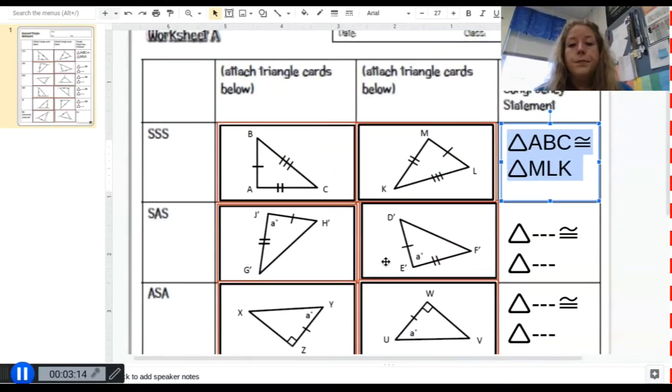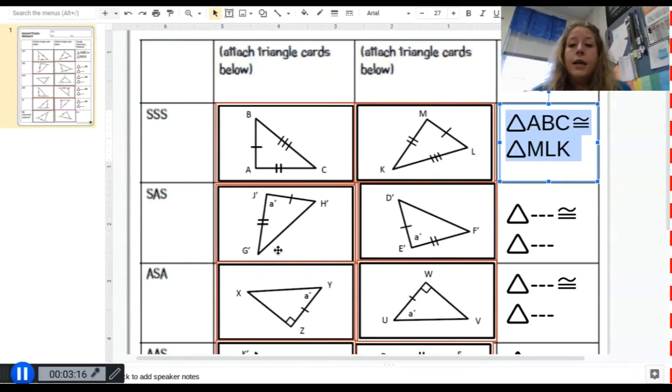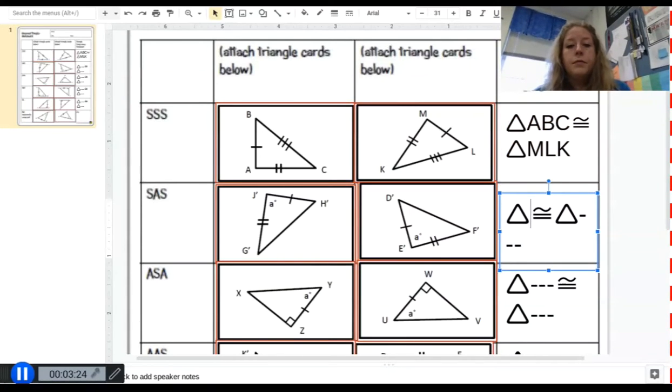These little apostrophes after the letters are called primes. They're because we ran out of letters, so we're reusing the alphabet again. So this is J prime, H prime, G prime. Again, the order of the letters doesn't matter for that one. But J prime is angle A, so it goes with E prime.